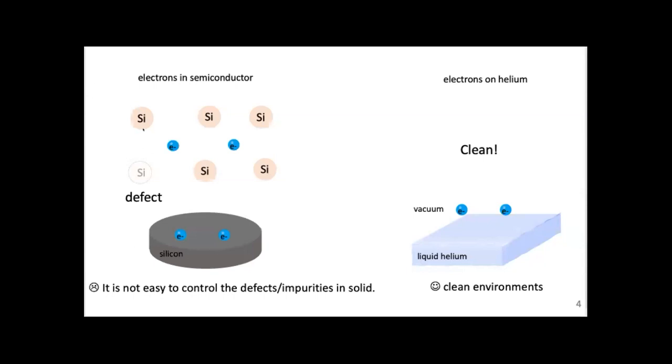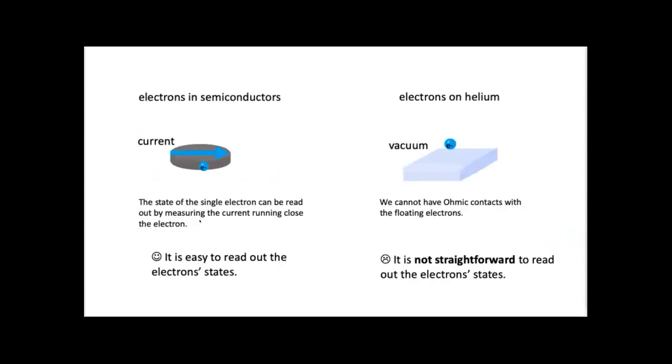For example, when electrons are prepared in semiconductors such as silicon, electrons are exposed to noise induced by the defects or impurities of the silicon crystal. On the other hand, the floating electrons on the surface of liquid helium exist in vacuum, so they are free from defects or impurities.